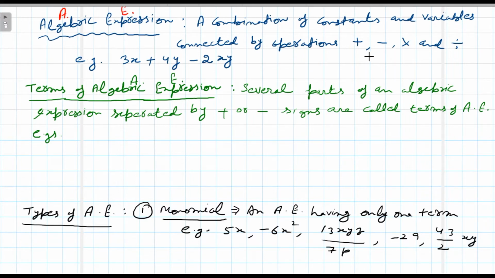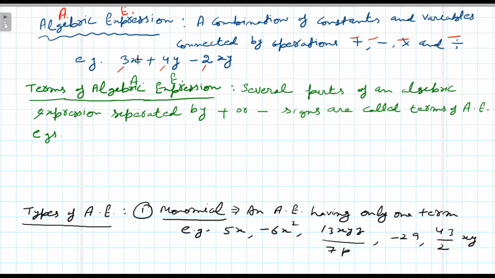A combination of constants and variables which are connected by the operations plus, minus, multiply and divide is known as an algebraic expression. For example, 3x plus 4y, constant, variables x, y, xy, right? So this is an algebraic expression.